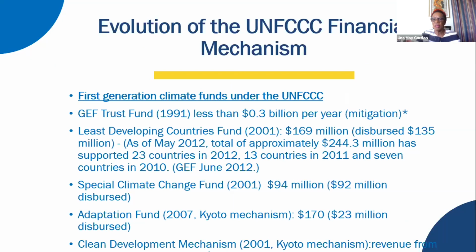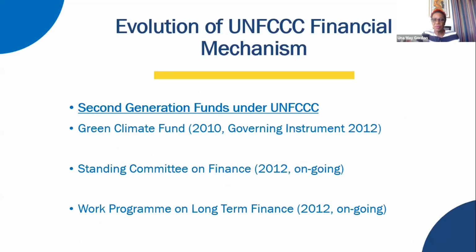What is the evolution of the climate finance mechanism? I wanted to put this slide there: there were some first generation climate funds under the UNFCCC, and I've listed a number of them there, going all the way up to 2012. Then the second generation funds under the UNFCCC, where the Green Climate Fund came about, the Standing Committee on Finance, which is ongoing, and then this long-term program on climate finance, where the negotiation sits.